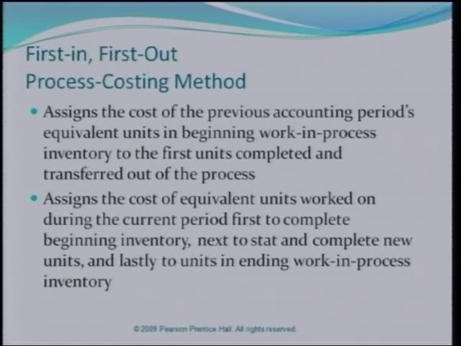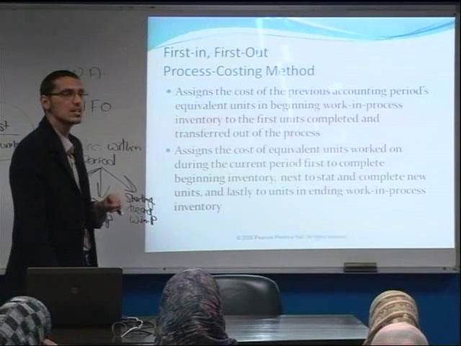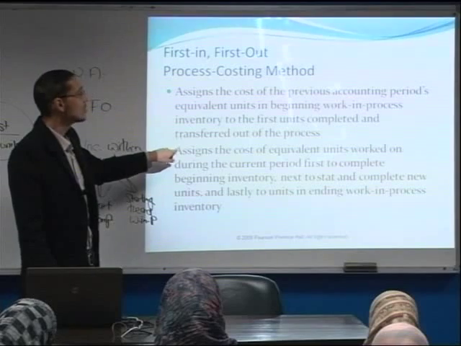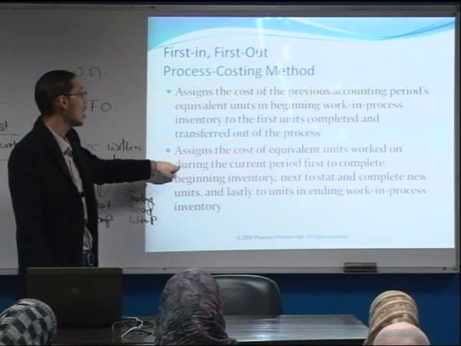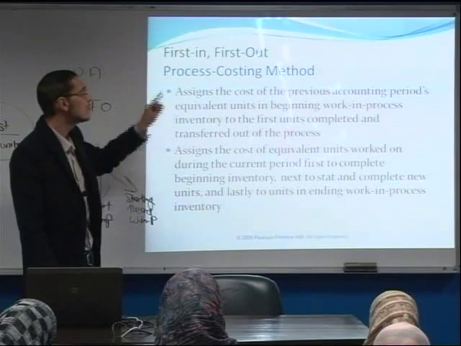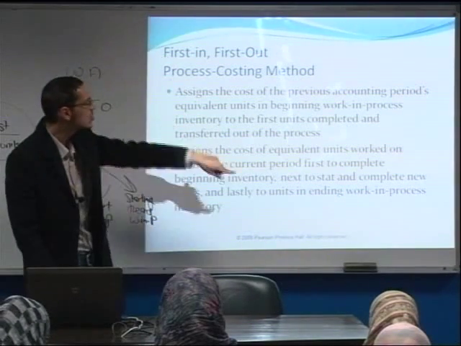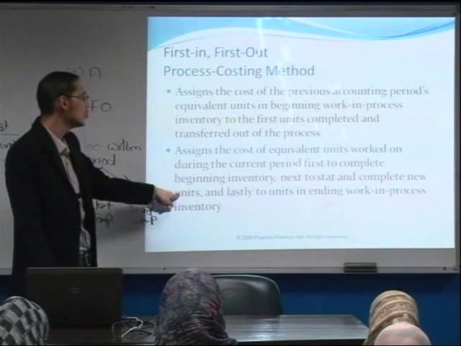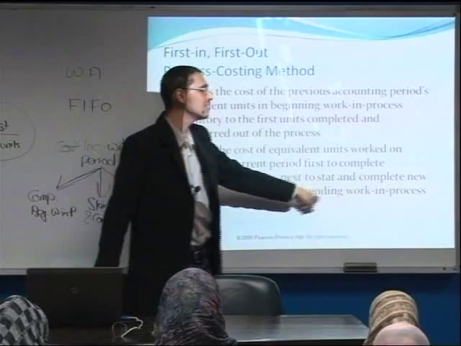This is what we said: the first thing we consider is that the beginning work in process is completed into completed and transferred out units. And then we assign the cost of equivalent units worked on during the current period, first to complete beginning inventory, then to start and complete new units, and at the end to the units in the ending work in process.